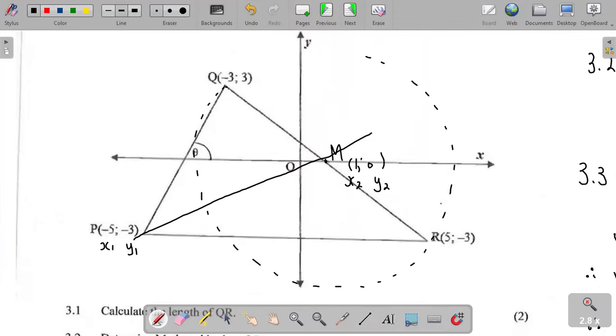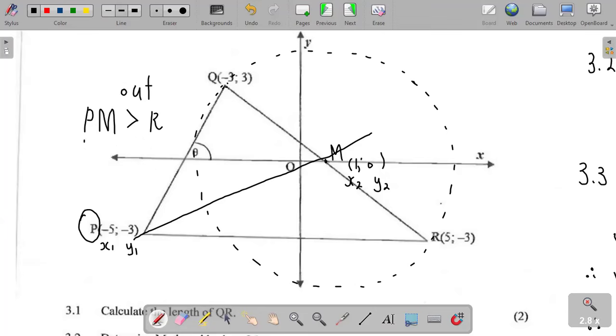So in order to find whether the point P lies inside or outside the circle, we have to calculate the length PM. If PM is greater than the radius, then it means that it's outside.